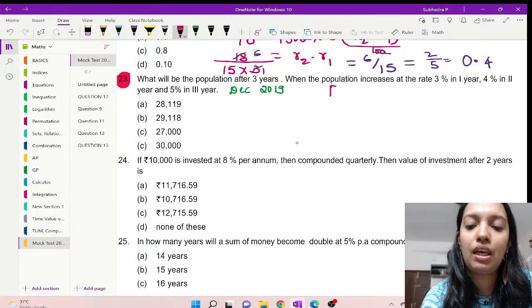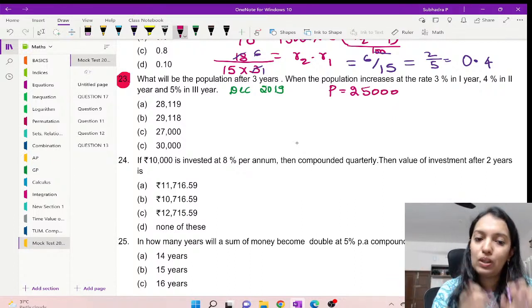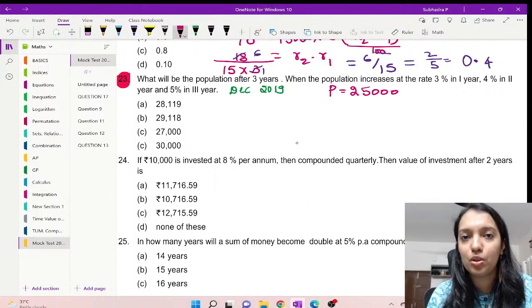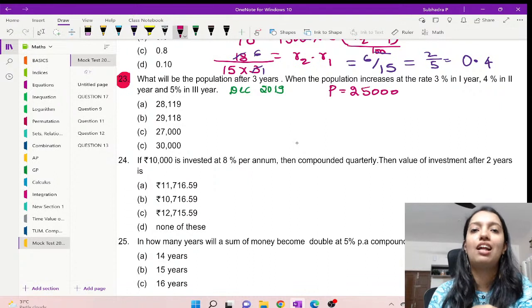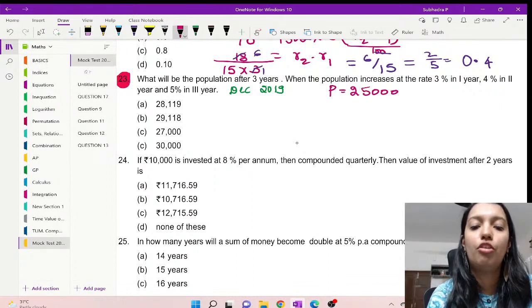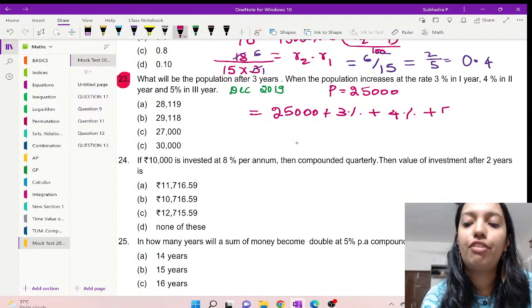Let's assume P as 25,000. Ma'am, how did you assume 25,000? It could be 1 lakh, correct? Now, this question has an error. When you refer to the December 2019 examination question, they have given the current population as 25,000. So applying this, how much has it increased? 25,000, first year 3%, second year 4%, third year 5%.